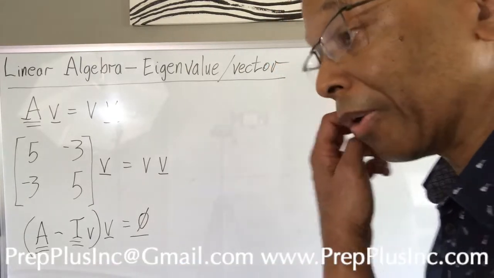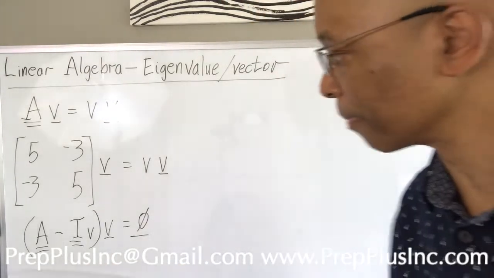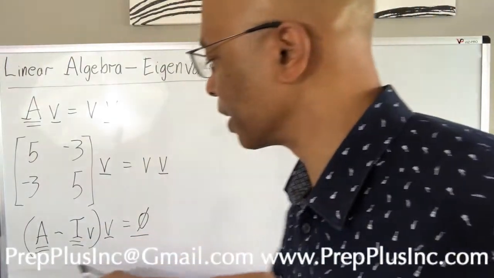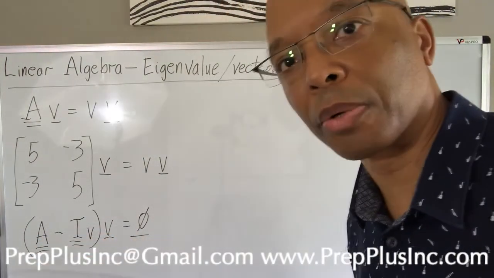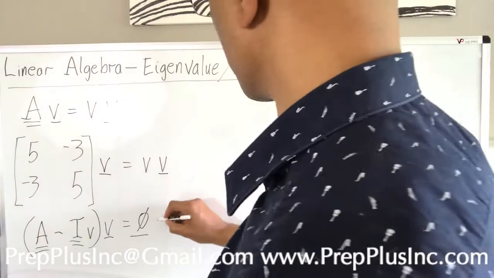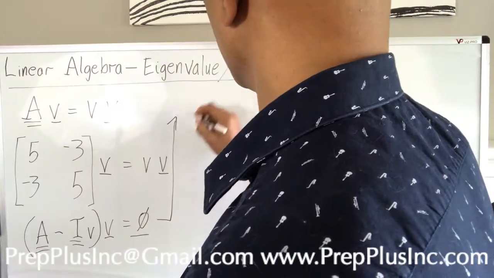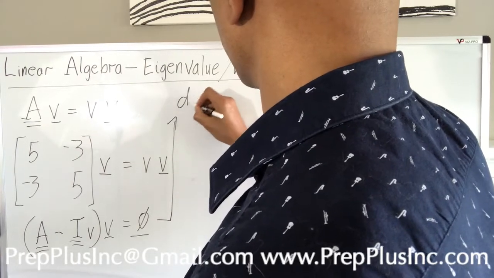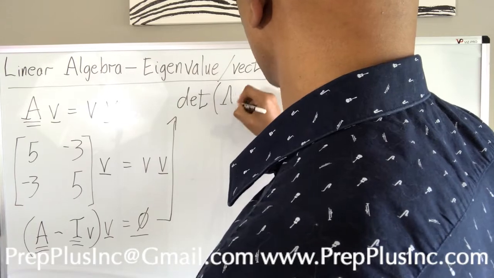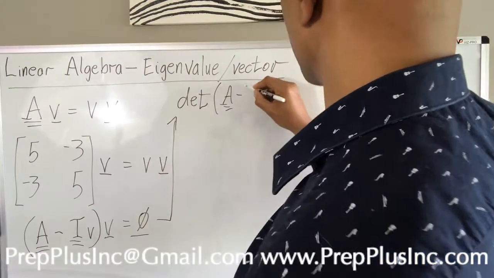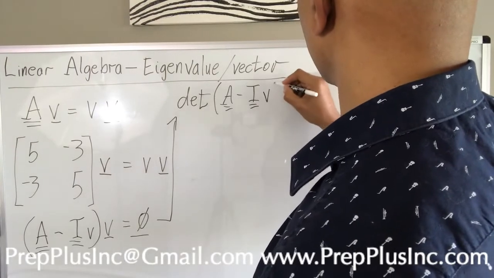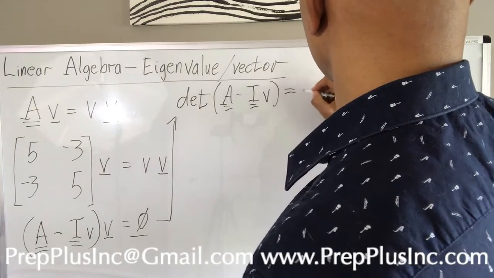So now we know from linear algebra the solution of this has the determinant of this quantity equal to 0. So let's write that down. So this means that the determinant of matrix A minus the identity matrix times the eigenvalue has to be 0.